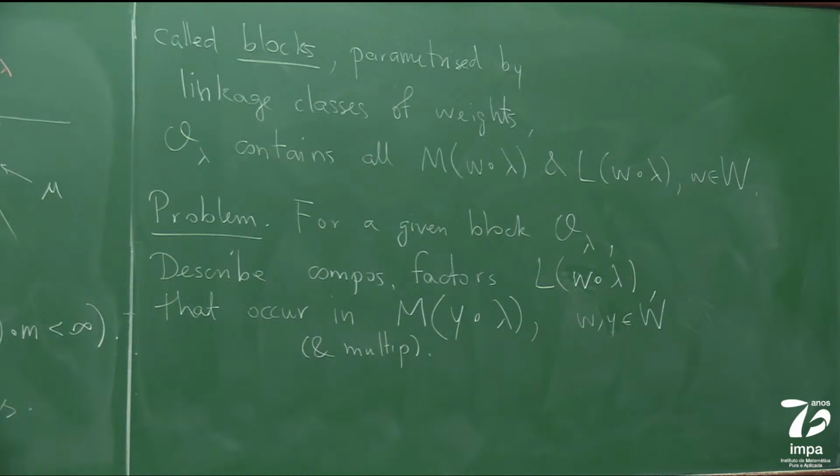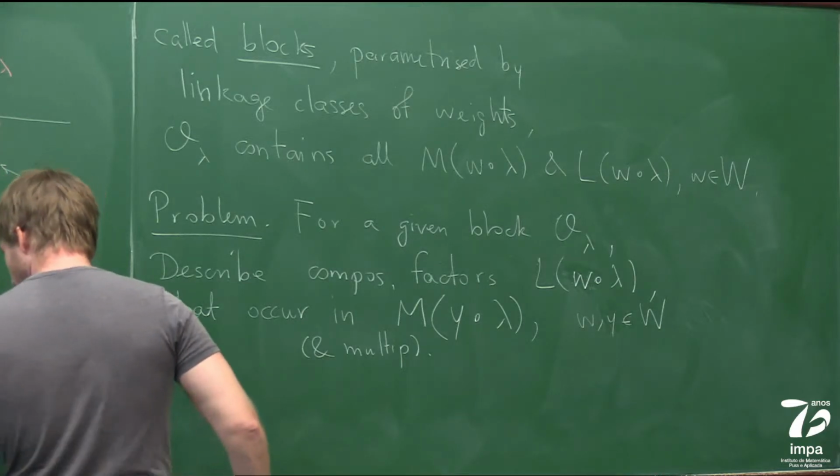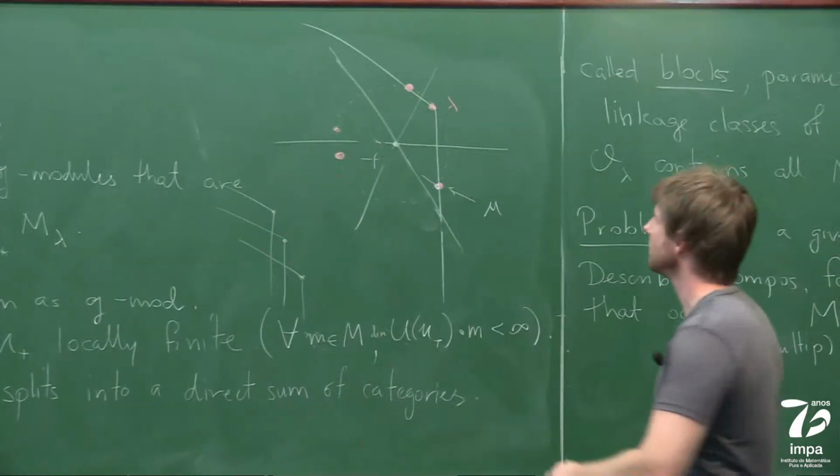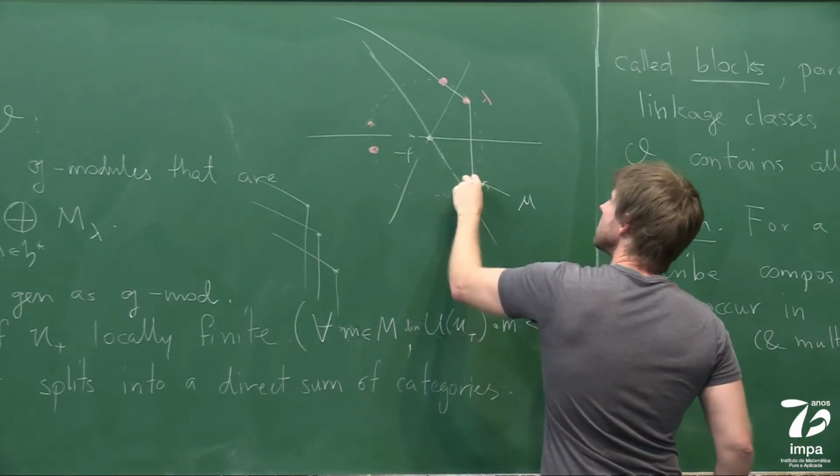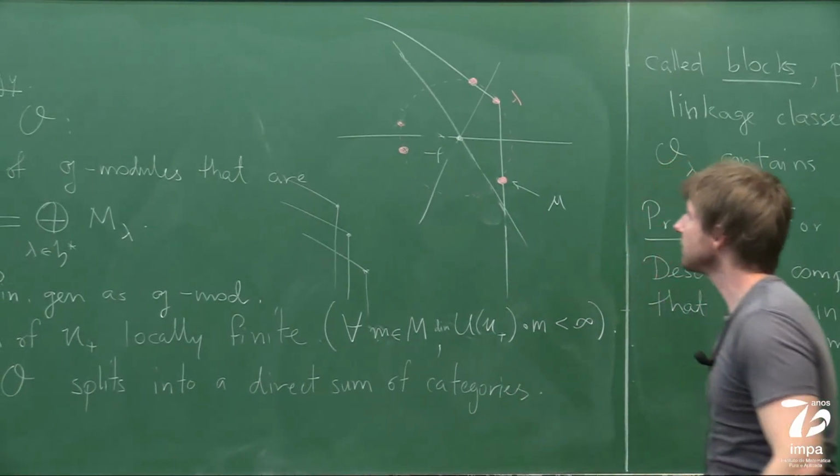The answer, which was conjectured by Kazhdan and Lusztig and then proved very soon after by Kashiwara, Brylinski, and Beilinson and Bernstein, is essentially combinatorial in nature. It involves the combinatorics of the Weyl group. So let me just say what the answer is.